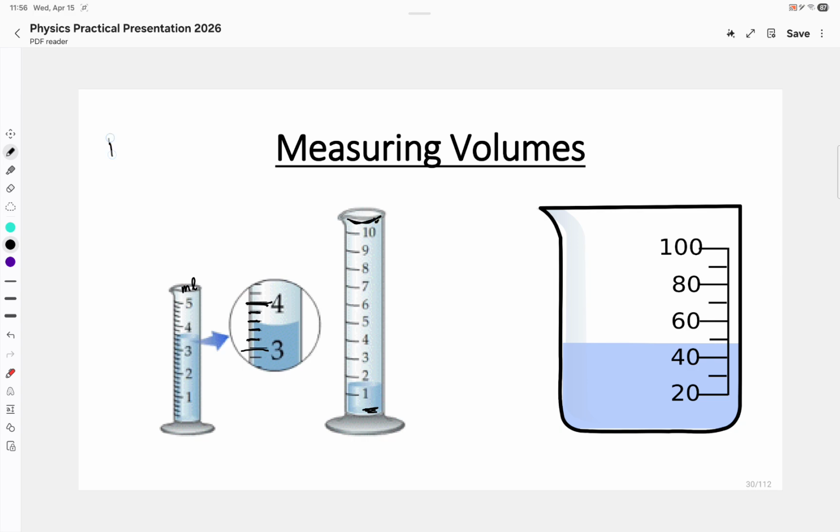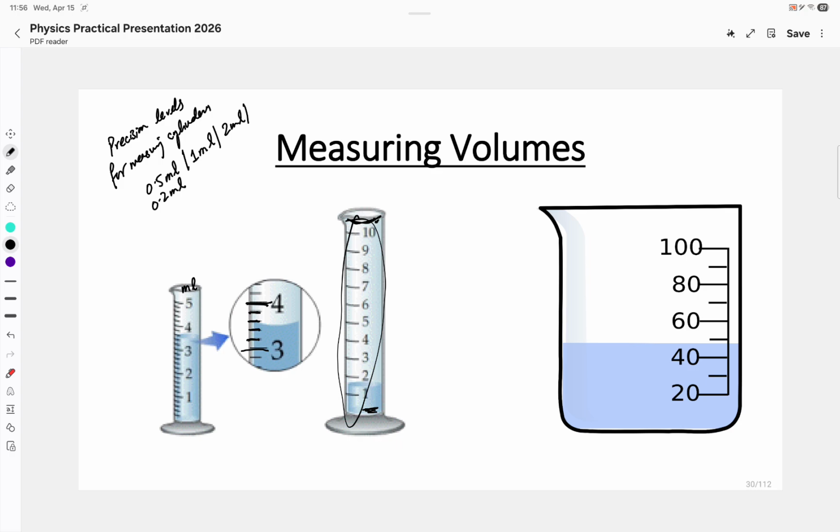Usually the precision levels for measuring cylinders are either 0.5 ml, 1 ml, 0.2 ml, sometimes 2 ml, and you can easily tell it from the printed values on the glass side.